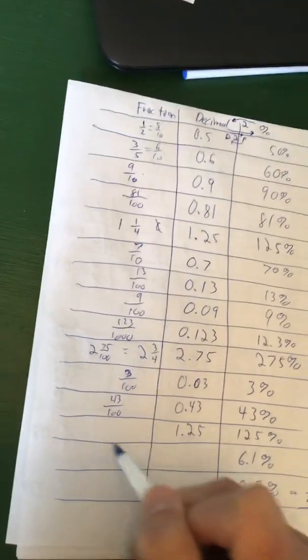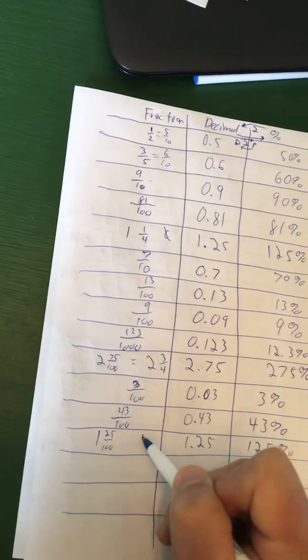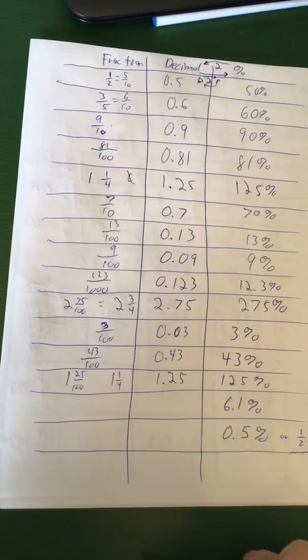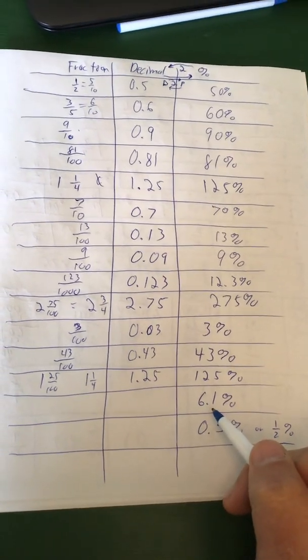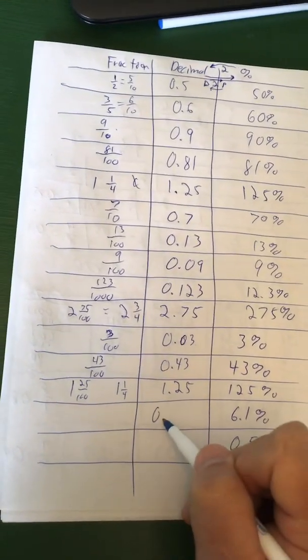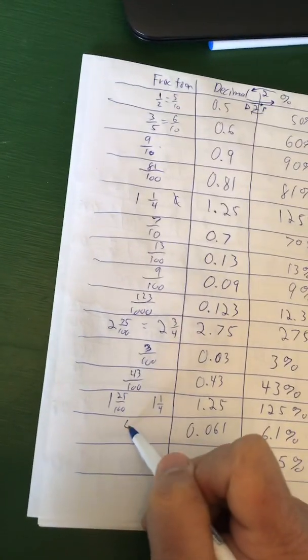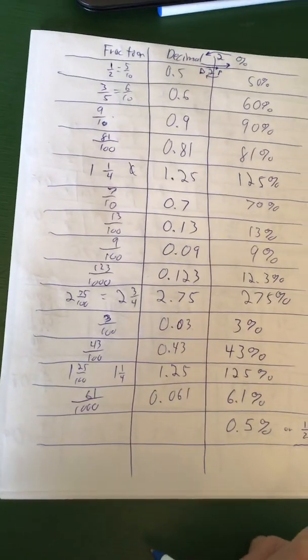It's $1.25, if you think money. Right? Hit pause, do it. Move it to 0.06112, which is 61 thousandths. If you can read it, you can write it.